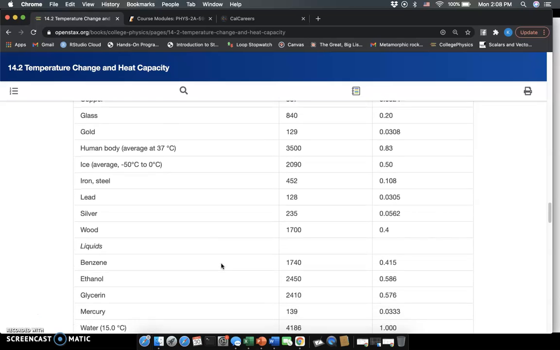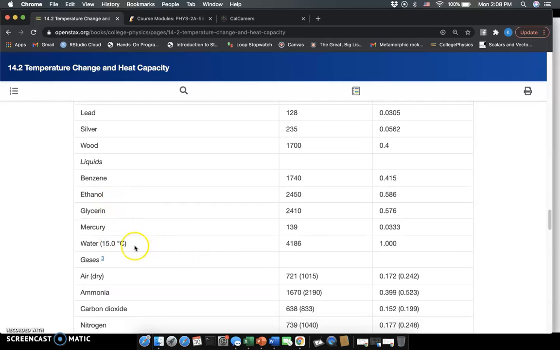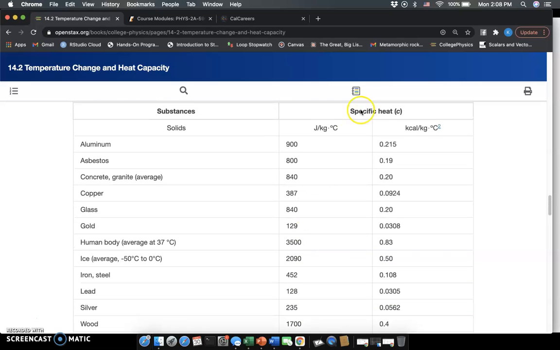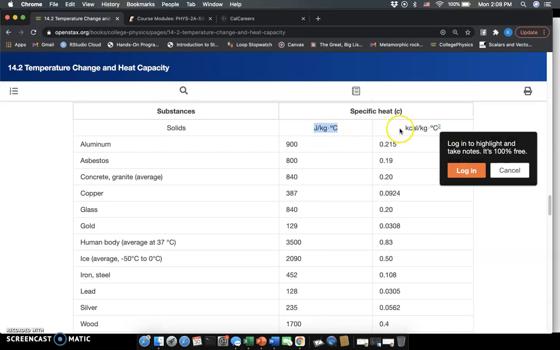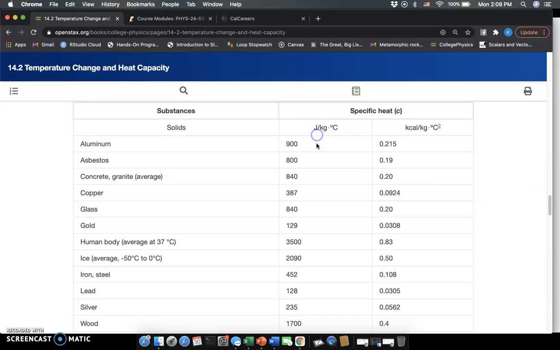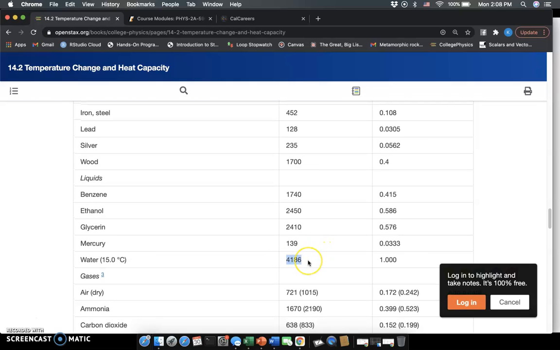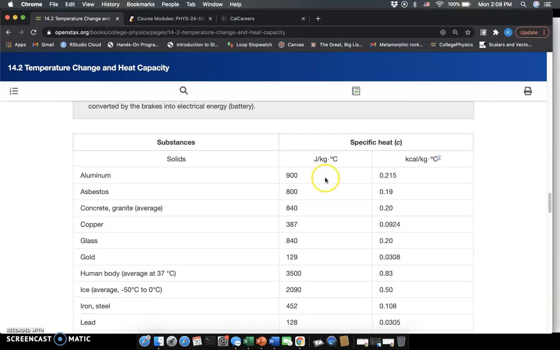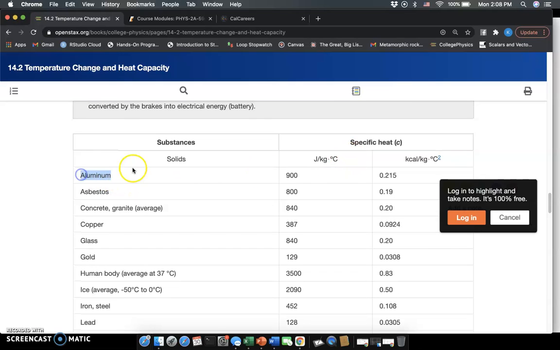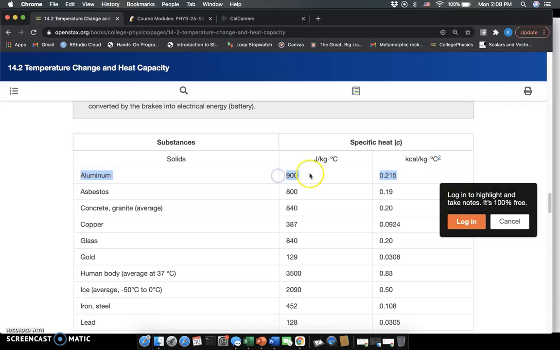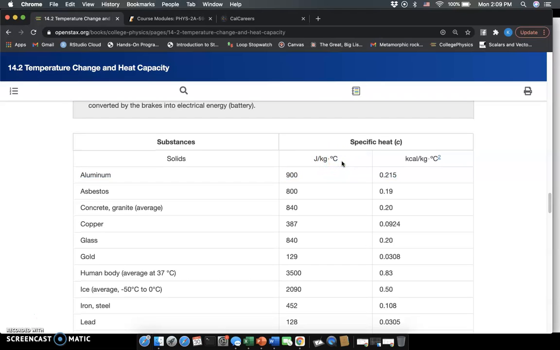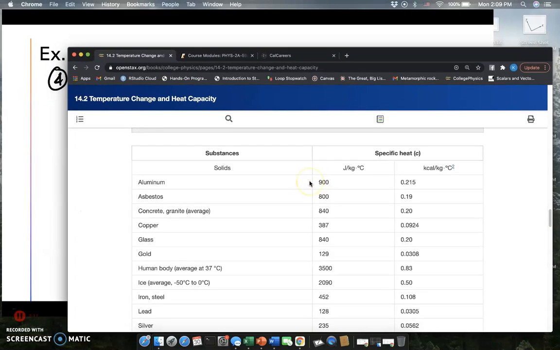And so our water would be under liquids, and that would give us a specific heat, and these are the different units that it can come in. So we're just going to look at joules. For water it is 4,186, like I said. And then the second one was aluminum, and here's aluminum. And then we have our specific heat here. Again, we're looking at joules per kilogram degrees C. So that's where you find your specific heat values.